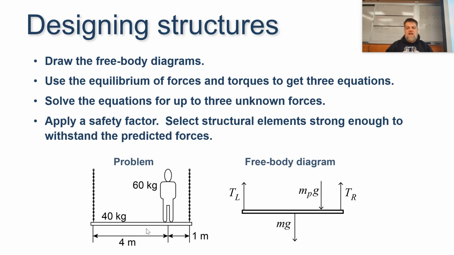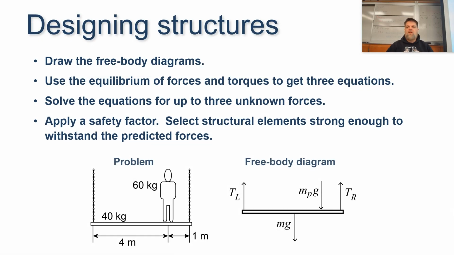So this is an example. I just need you to draw the pictures. We're not going to go through this whole example, but just draw the pictures. So this is like one of your homework problems. Sometimes this is like a window washer, right? And we're trying to figure out what makes this window washing rig safe.